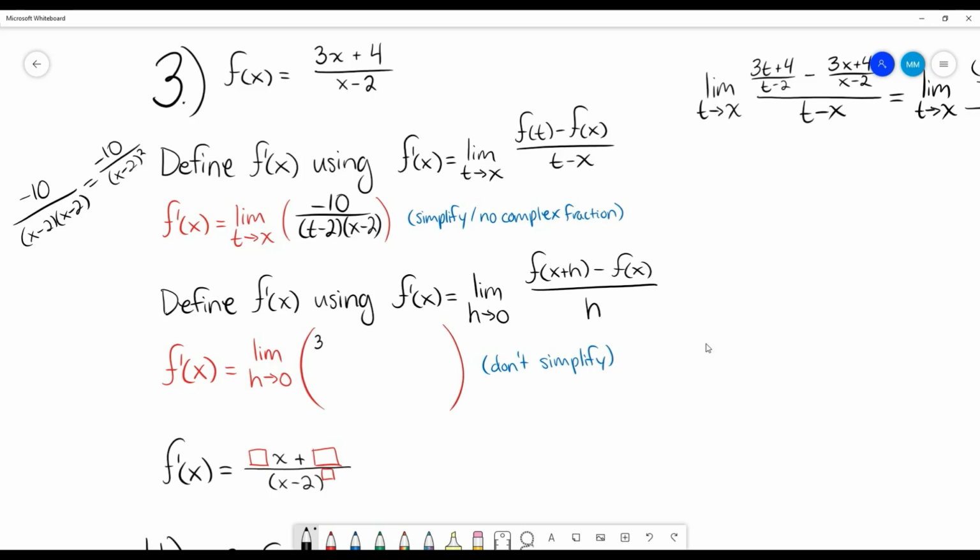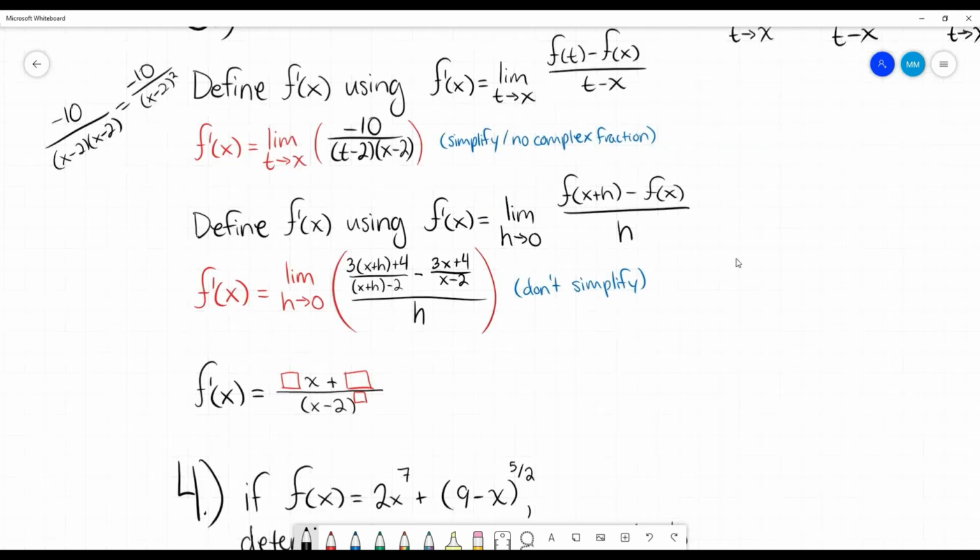So it's going to be 3 times (x plus h) plus 4 over x plus h minus 2. And that's my first term. Then I've got minus f of x, which is just 3x plus 4 over x minus 2. And then it's all over h.